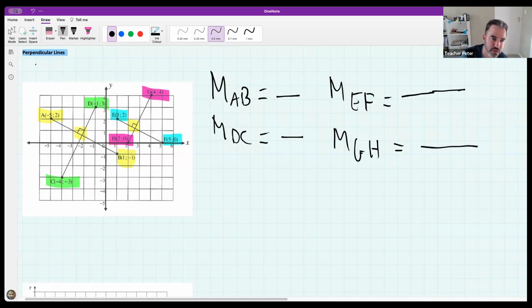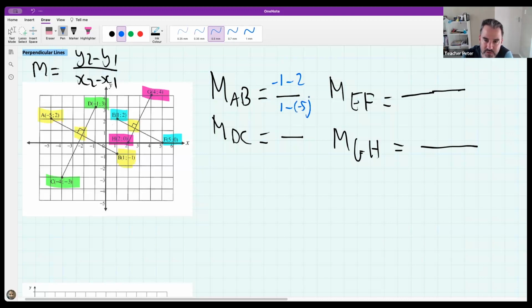Now, if you've forgotten the formula for gradient, it would just be that, the change in y over the change in x. So we're finding all of these, and the first one, AB, I would go -1, -2, and then 1 minus -5.